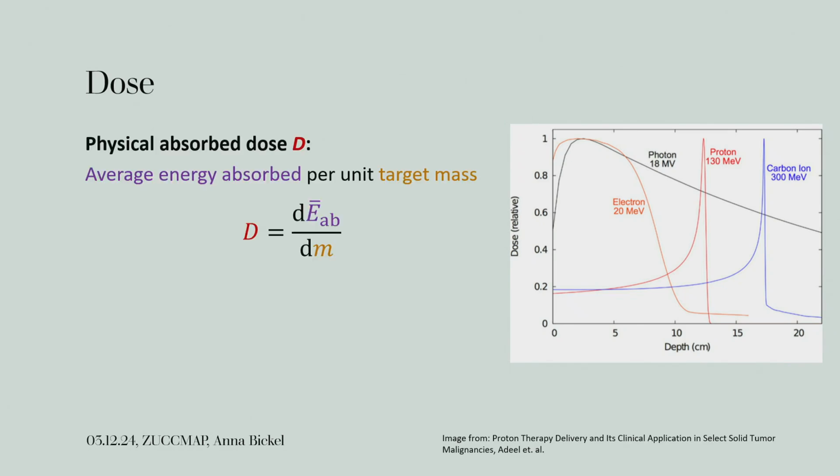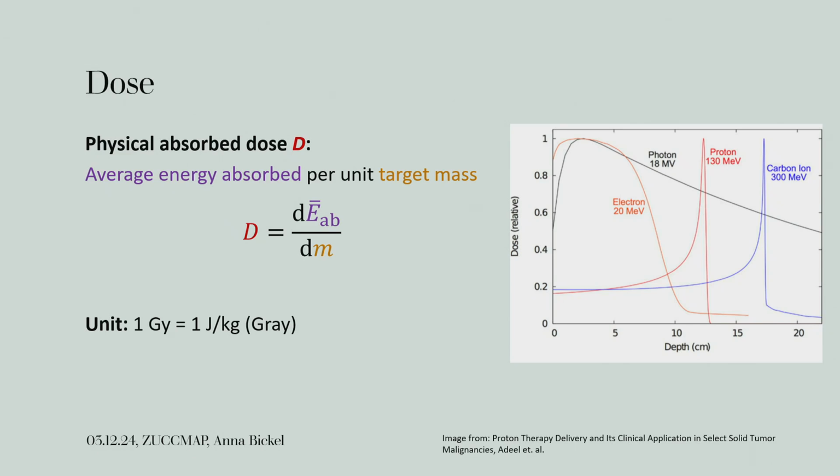And we also need a definition of dose, because we need to treat the tumor in one way. We use the definition of the physical absorbed dose, which is the average energy absorbed per unit target mass. And the unit is 1 Gray, which is 1 joule per kilogram. And on the right, we have depth dose curves for different particles. And you can see that not all of the particles deposit the energy at the same depth and in the same way.